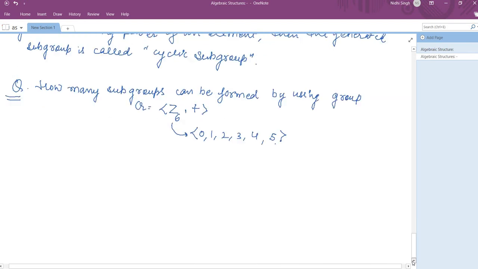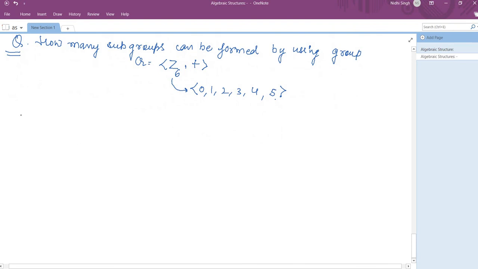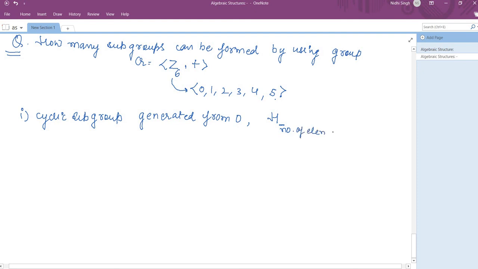So let me tell you how this works. So the first is cyclic subgroup generated from 0, because first element is 0 now. So 0 and here is H and the subscript will be number of elements generated from this element.